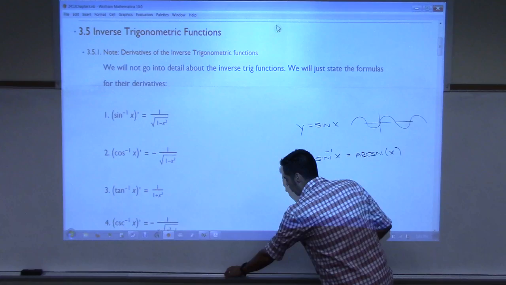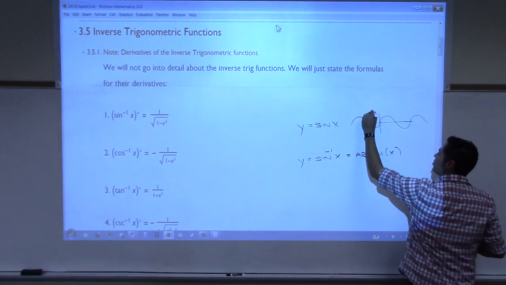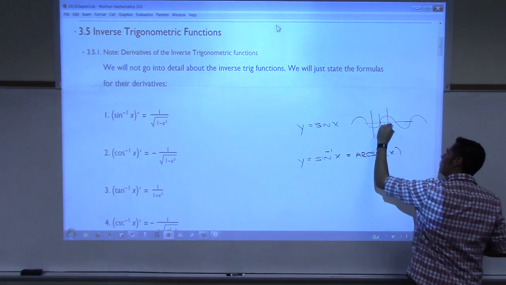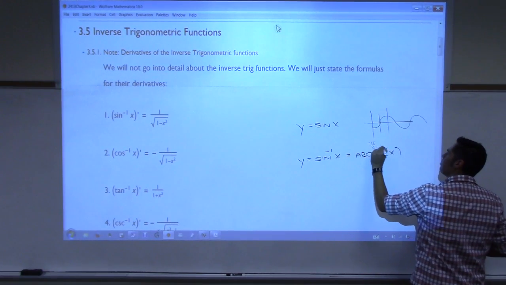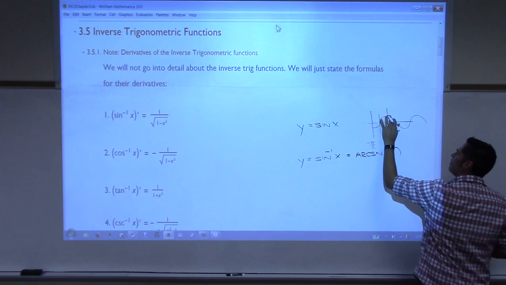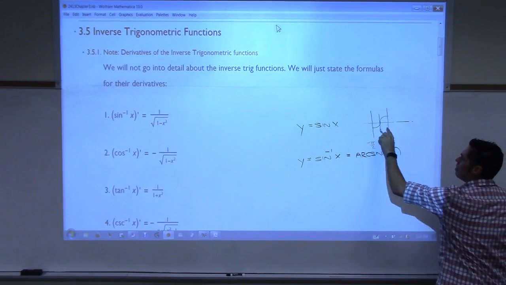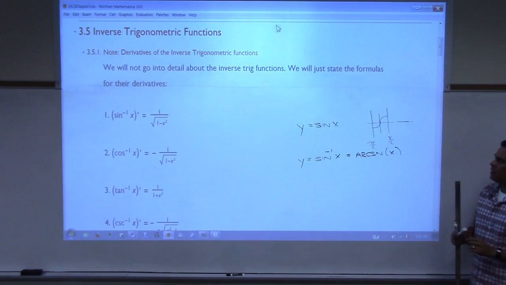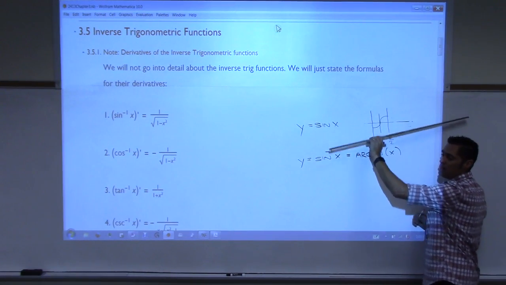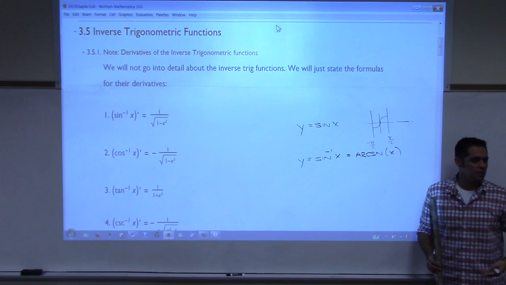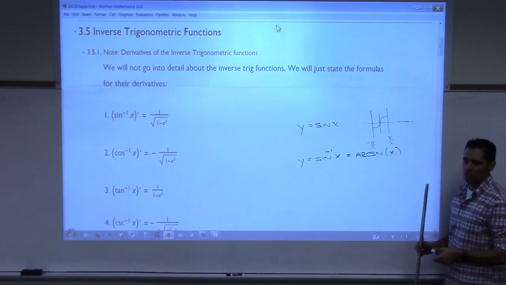Do you remember cutting it in pre-cal? You just restrict the domain between here and here, between negative pi over 2 and pi over 2. And if you just look at the sine function on that restricted domain, then it does pass the vertical line test and the horizontal line test, and then you can define an inverse function on that one section.